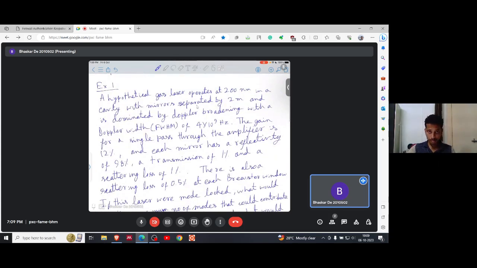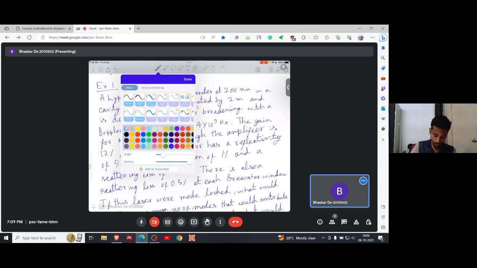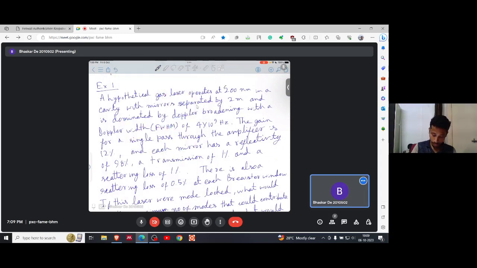So here we are talking about a hypothetical gas laser that operates at 200 nanometer in a cavity with mirrors separated by 2 meter. I am just circling all the important parameters given in the problem, and is dominated by Doppler broadening with a Doppler width of 4 into 10 to the power 9 Hz.